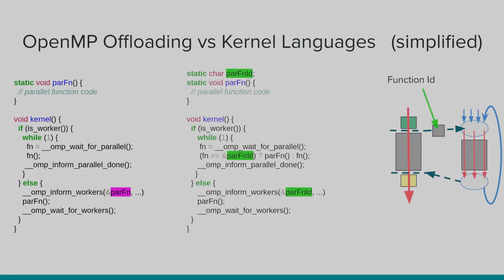And what we can do with this is replace the function pointer by a unique ID that represents the function. So we create a character, for example, a static character in the global space, and we use that address to refer to the function. So now we never take the address of the par function, and we never pass a function pointer. That actually is a really big improvement over the code before.